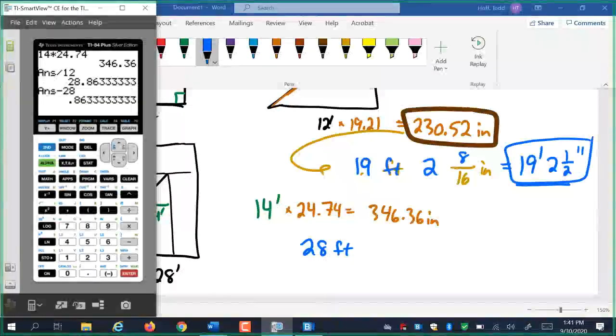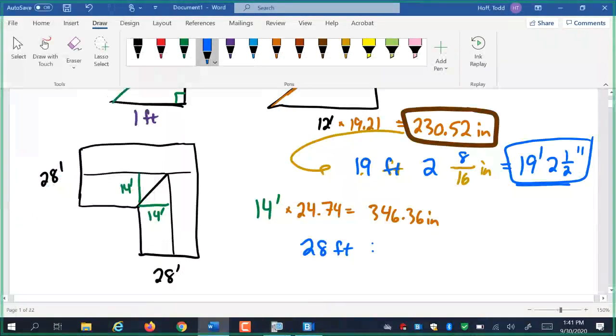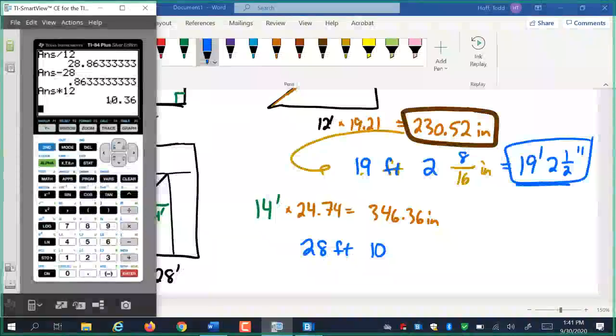The decimal portion there has to be turned back into inches. Now you do have to be very careful not to write this down and type it back in. If you do that, you're going to lose a lot in the round off. I'm going to multiply by 12 to turn that back into inches. I get 10.36. That's 10 whole inches. All I did was take the part in front of the decimal point. So now I'm going to subtract off that 10. The 0.36 inches I want to turn into sixteenths.